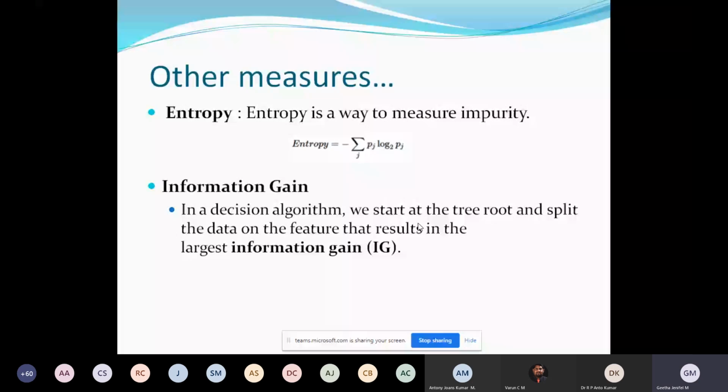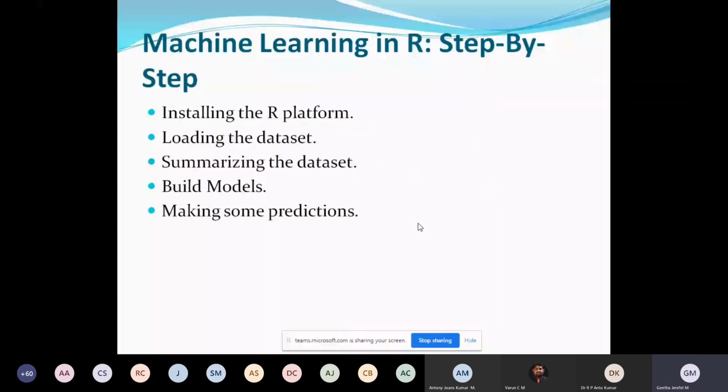Next I'm going to tell about some basic concepts in machine learning. In machine learning, the first step is installing the R platform. After installing, you have to load the data set.